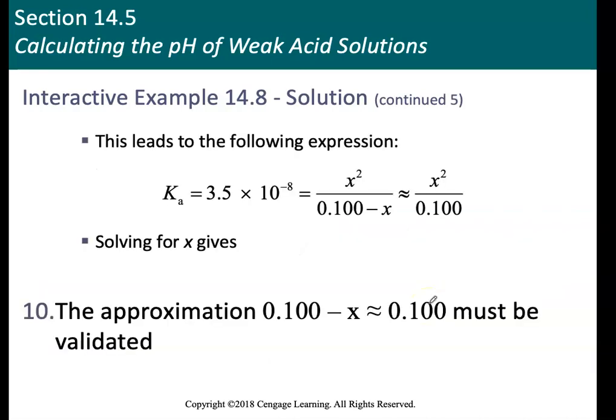Here, you remove this X term, and it'll be X squared over 0.1. X squared over 0.1 is equal to this. That makes the mathematical calculation very simple. That's why I call it the lifesaver.